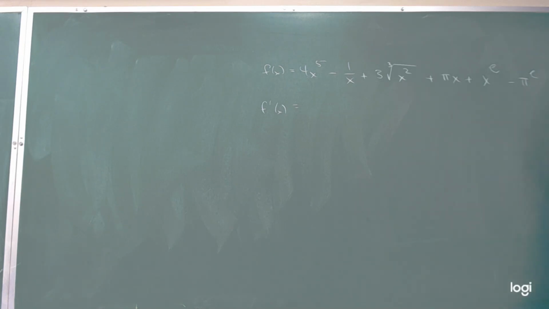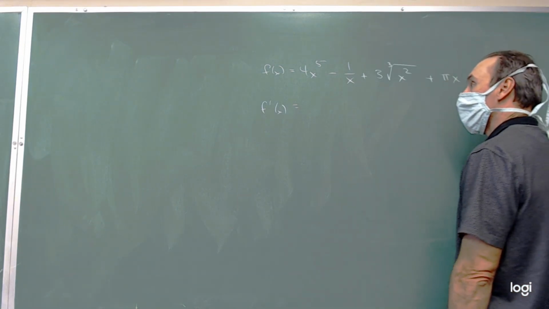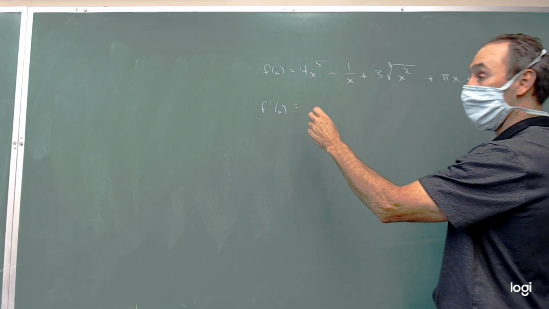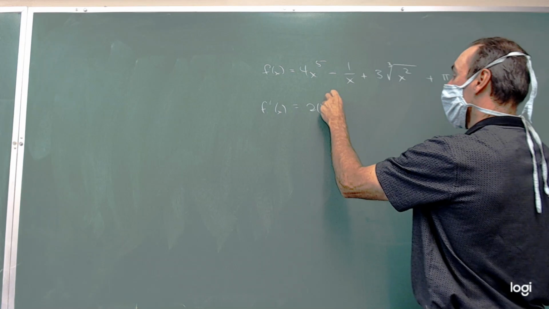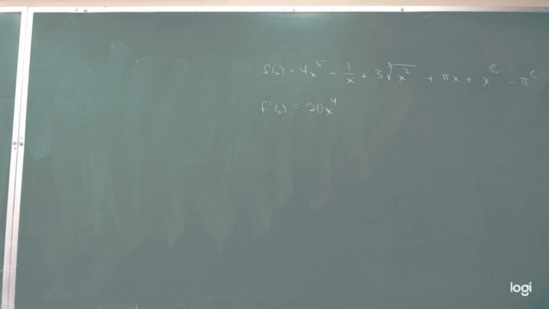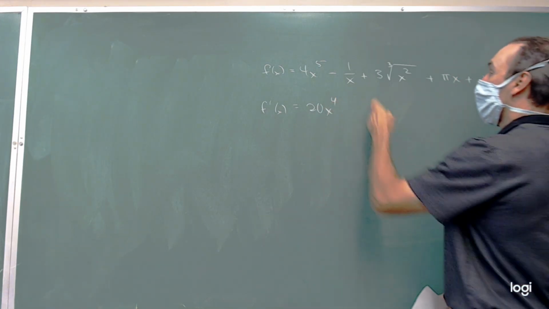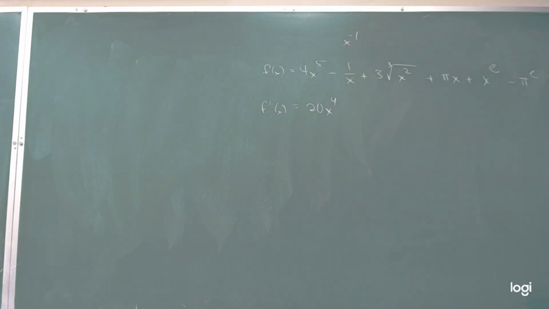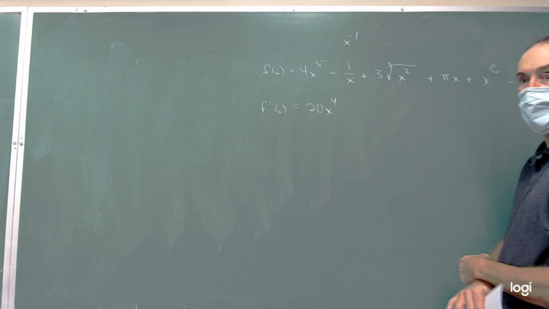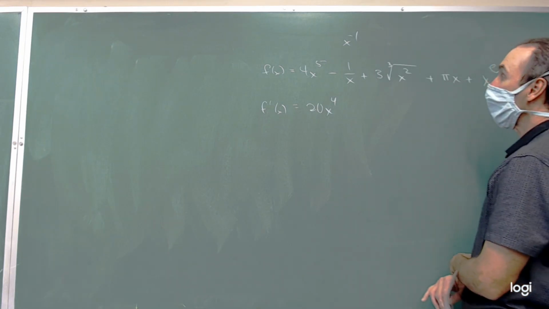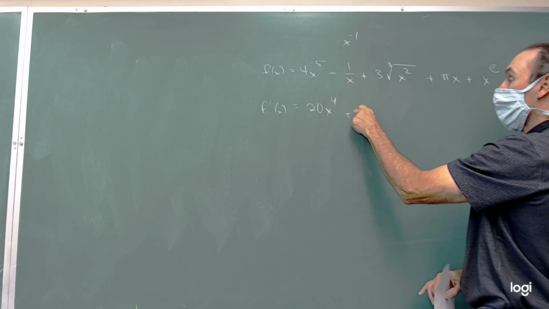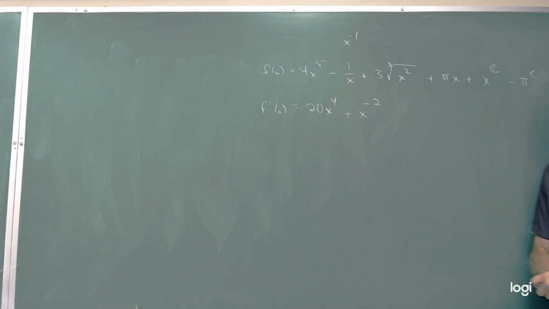All right, derivative of 4x to the 5th. Really lonely up here for a moment, thank you. 1 over x we're thinking of as x to the negative 1 in a derivative friendly form. So that's going to become positive x to the negative 2 or positive 1 over x squared either way.